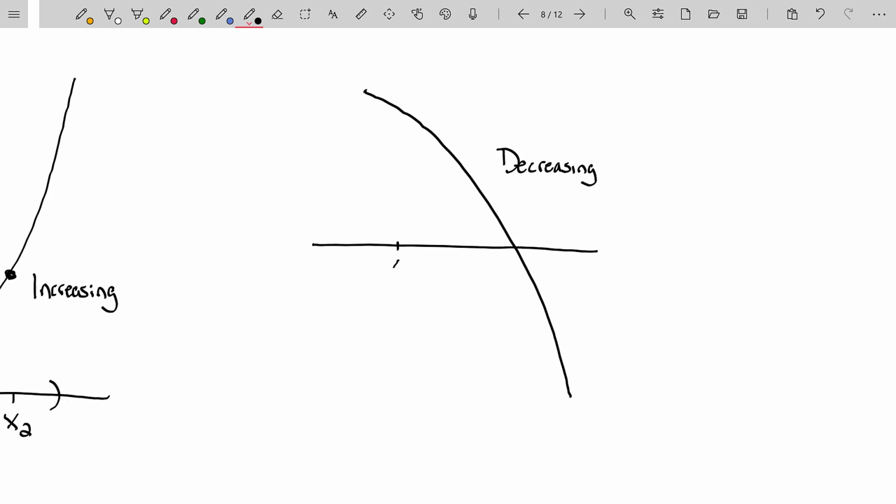So x sub 1 might be less than this x sub 2 right here. This function is decreasing on this interval from here to here, let's just say, if no matter where we choose x1 and x2, as long as x1 is less than x2, then it's considered decreasing if f of x1 is greater than f of x2.